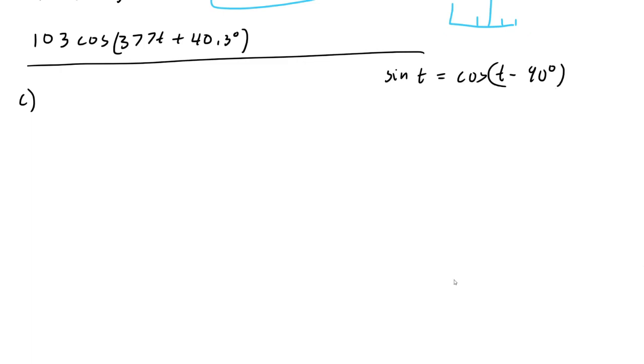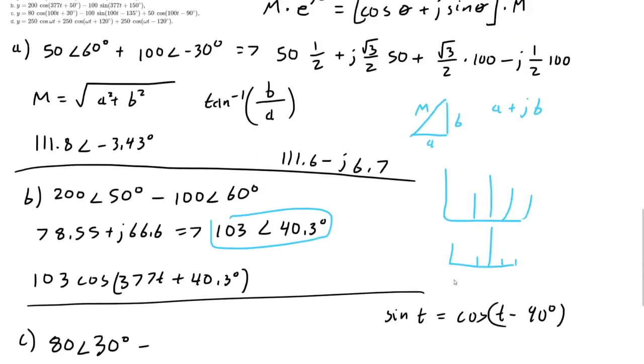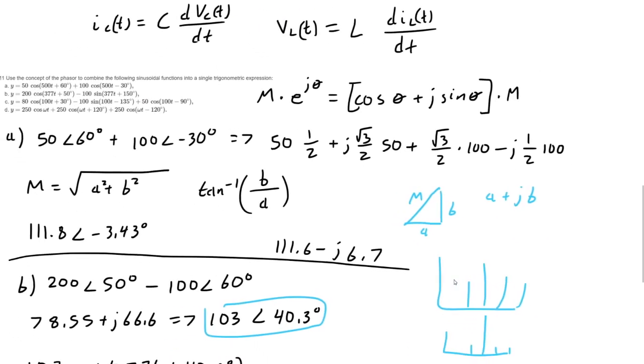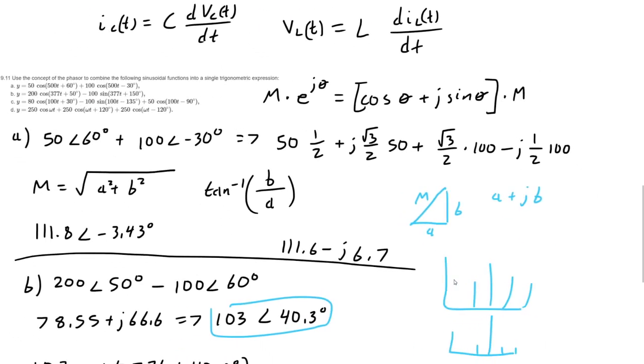Anyway, so we're going to do a similar thing for part C. We've got a magnitude of 80, phase angle of 30. And then what's the second one? We've got 100 sine, so we're going to do minus 225.